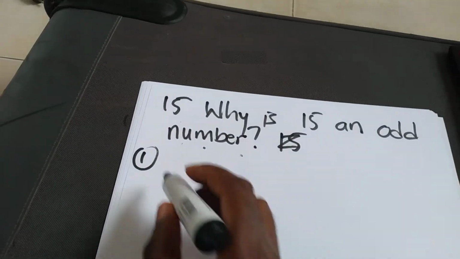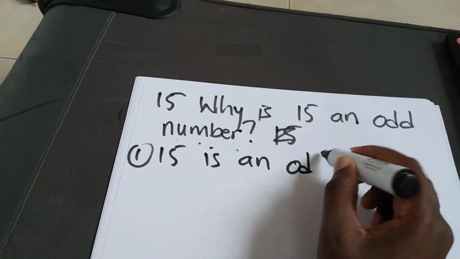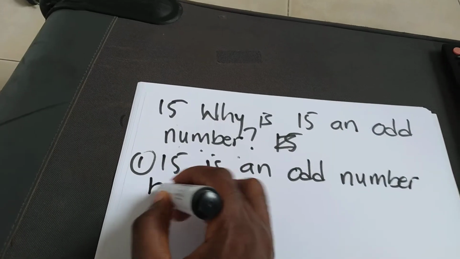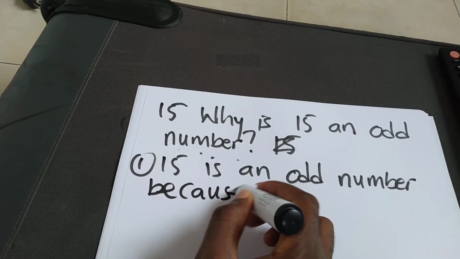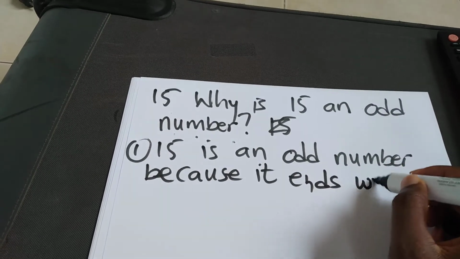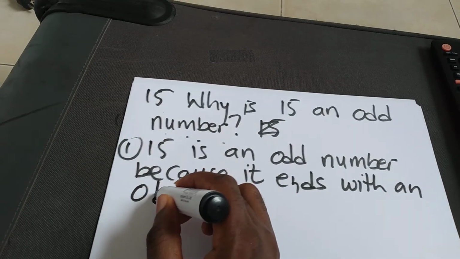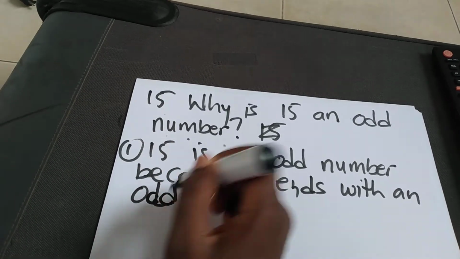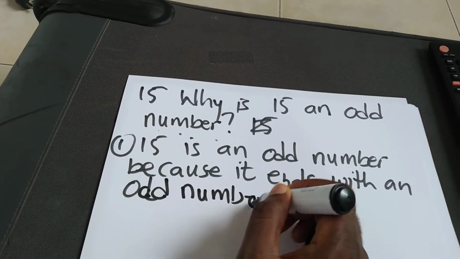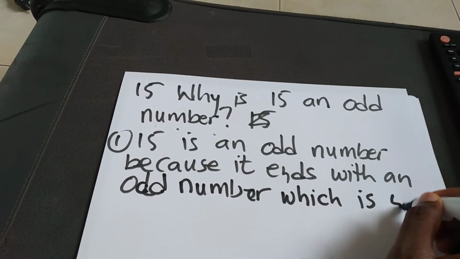The first fact says that 15 is an odd number because it ends with an odd number, which is 5.